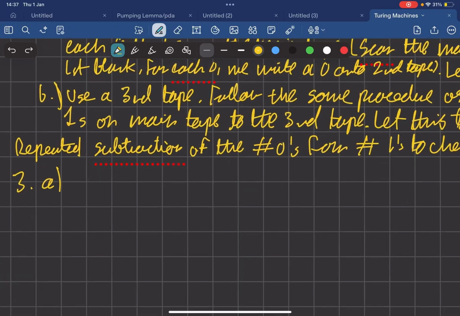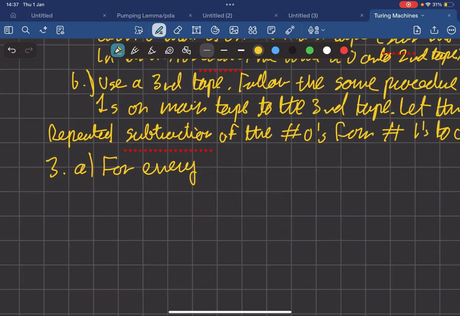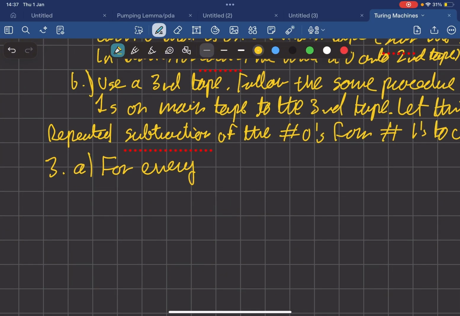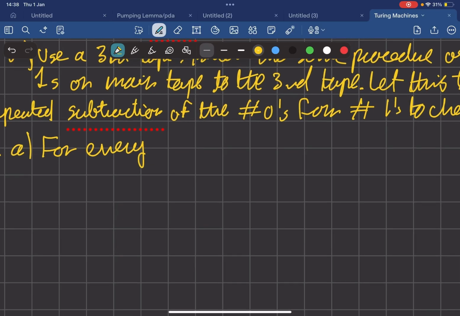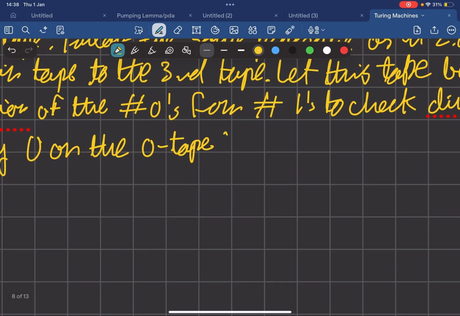Okay. So now, let's say that for every zero, remember that we're going through all the zeros in the zero tape and trying to remove the corresponding one to simulate subtraction. So for every zero on the zero tape, so here we're just scanning from start to end, and by end I mean the first blank symbol.